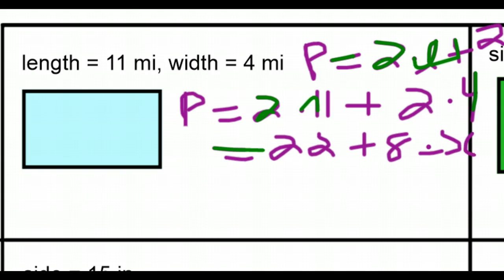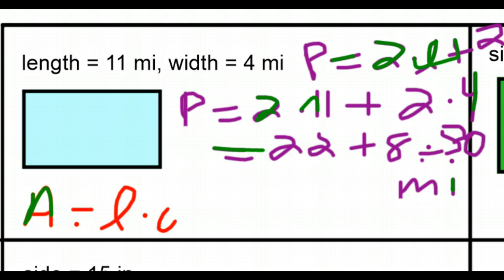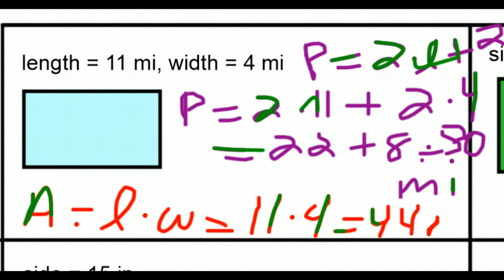So our perimeter here is 30 miles. Now the area then is just length times width. Our length times width is 11 times 4, or 44 square miles.